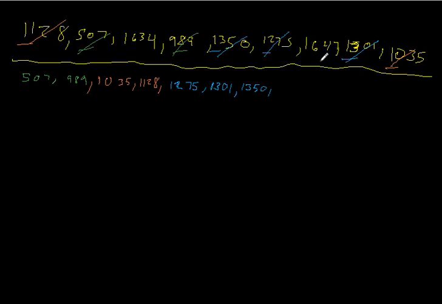Finally, the two of those values given, 1647 and 1634. 1634 is smaller, so it's going to go first.